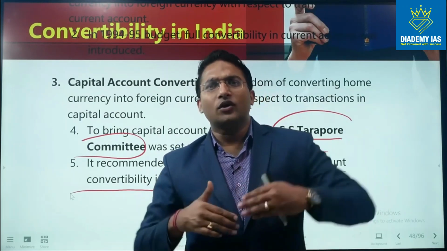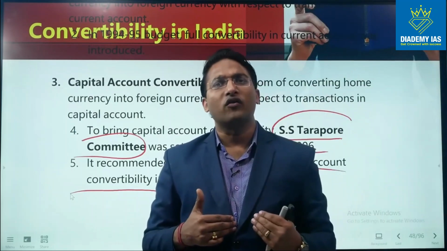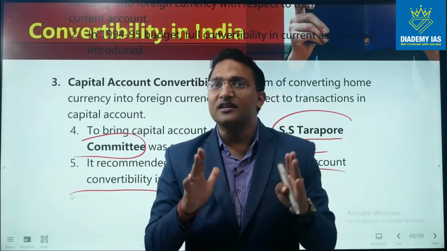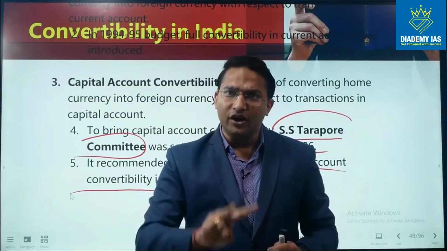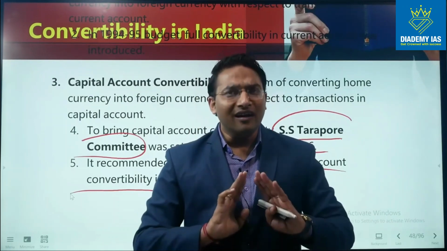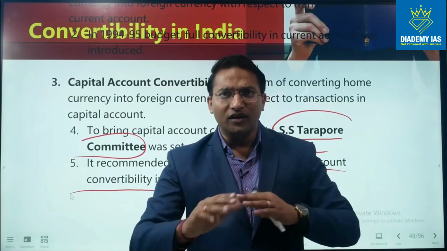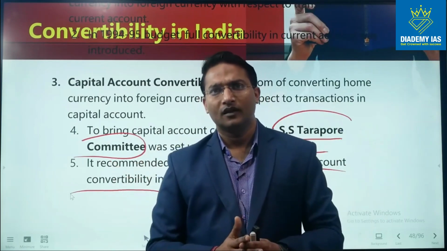Indian companies can go abroad and raise loans at a very low price. This facility is very important, so the cost of funds will be reduced. Third, our international credibility will improve because we will be part of the free market mechanism.